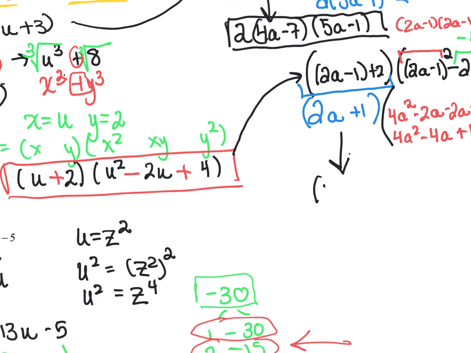This piece, the 2a plus 1. Then I have the red, the 4a squared minus 4a plus 1. Then I have to grab my green stuff, minus 4a plus 2, and then this 4 at the end, plus 4.